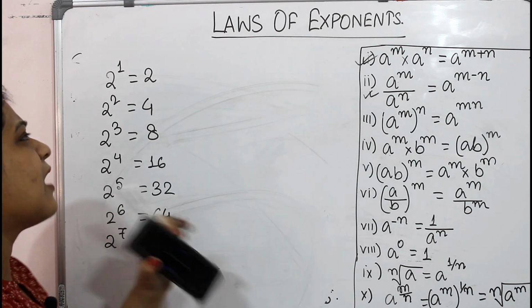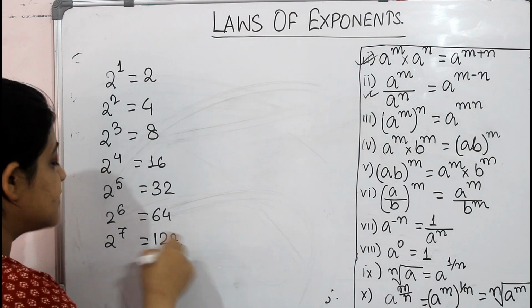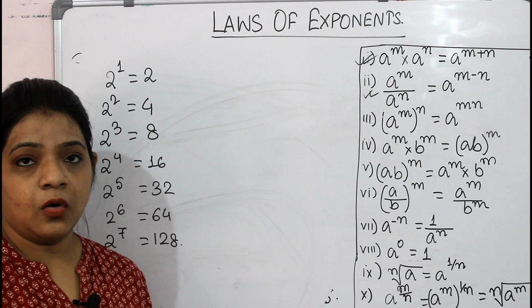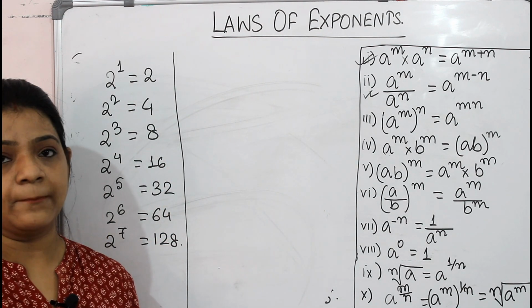Up to this you remember. After that, if it is required, we will show you, or you can just multiply it with 2. So up to 2 to the power of 7 you should remember.